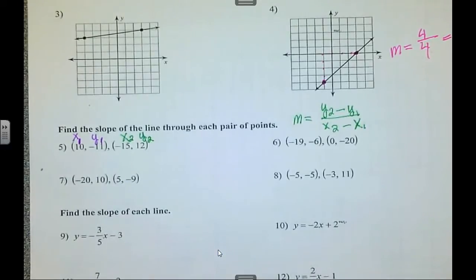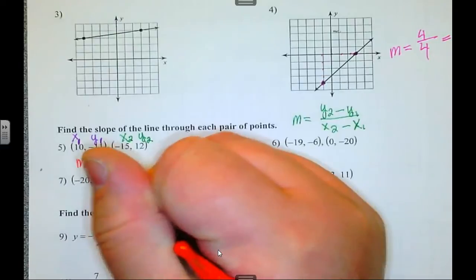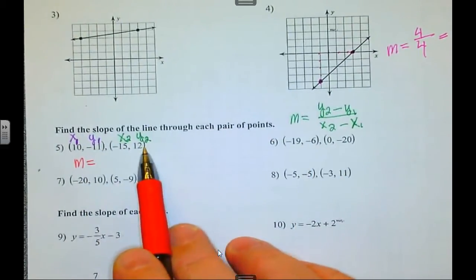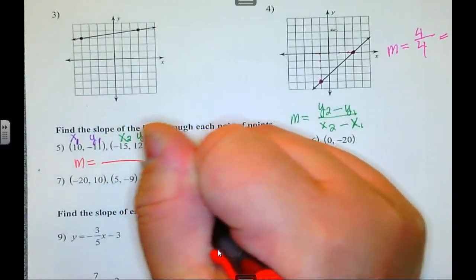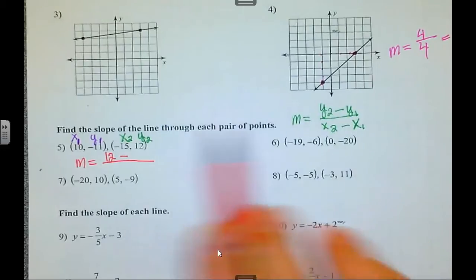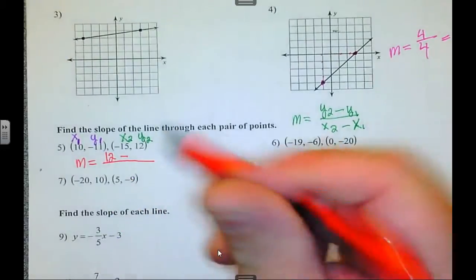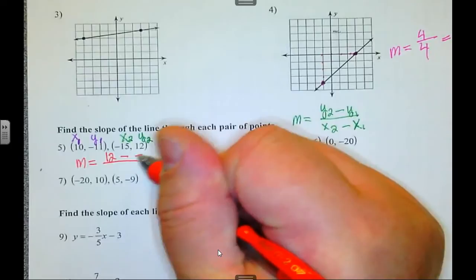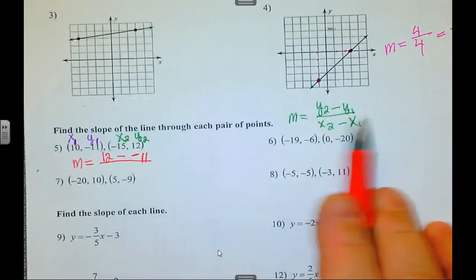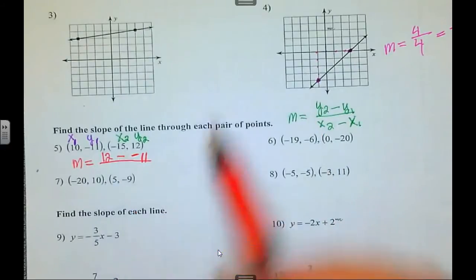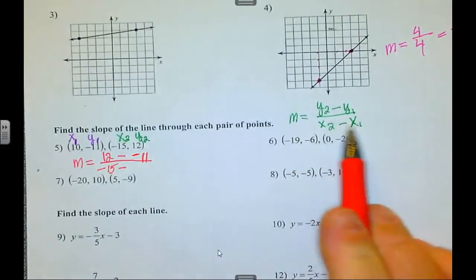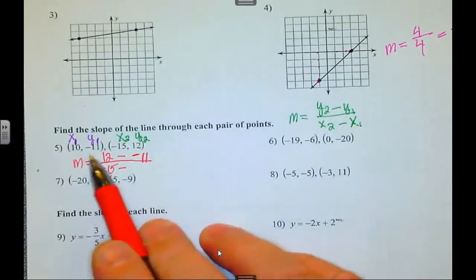So my slope is going to equal y2. My y2 is 12, minus my y1, which is negative 11. Watch your signs. Minus negative 11 over x2, which is negative 15, minus my x1, which is 10.